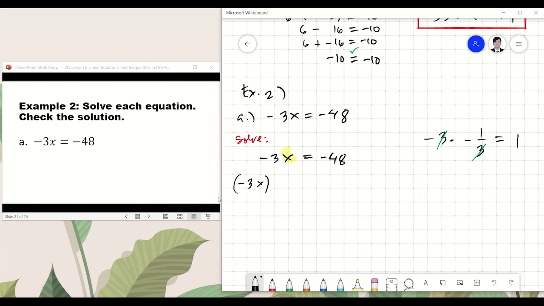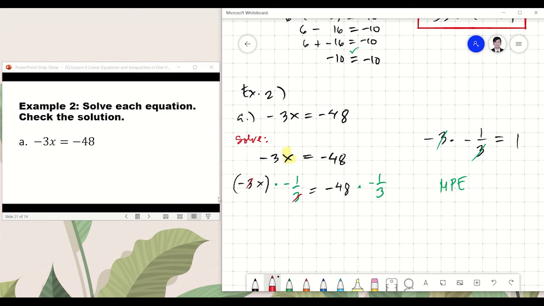So, we multiply the multiplicative inverse of negative 3, which is negative 1/3. So, instead of adding, we are now multiplying. Kapag yung goal natin is gagawin natin 1 yung coefficient. So, yung negative 48, dapat i-multiply din natin siya with negative 1/3. So, we're now using MPE. So, we cancel out the 3 kasi 3 here is in the numerator, 3 here is in the denominator.